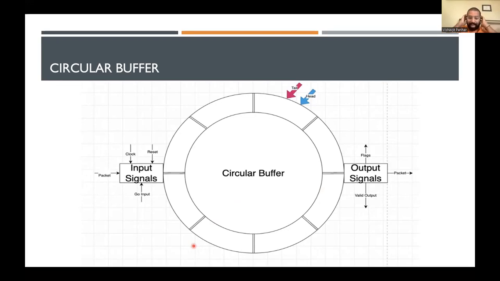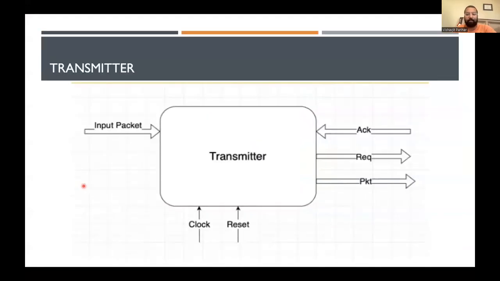Our buffer will have 4 input signals and 2 output signals. The first will be packet. It will get the packet from the transmitter. The other two signals are clock and reset. Clock and reset are just there to keep everything in sync. Then we have a go input signal. The go input signal is basically a request signal that we get from the transmitter.